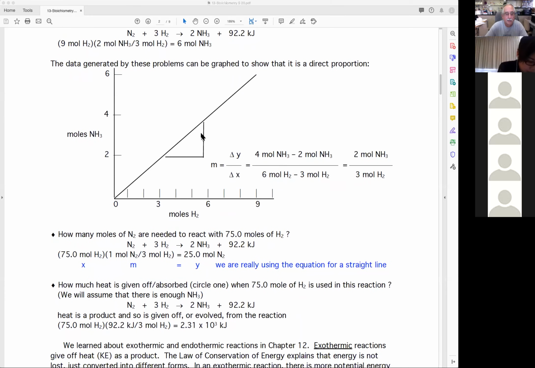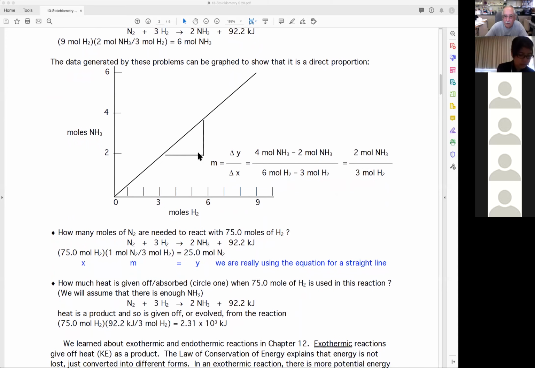Then I plotted the data. So here's the moles of hydrogen, and here's the moles of ammonia. You see it's a straight line passing through the origin, so it's a direct proportion. And the slope of the line right here is really 2 moles of ammonia for every 3 moles of hydrogen, which is exactly the conversion factor that we're reusing.